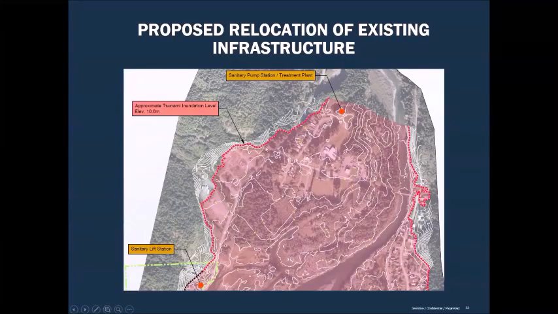So we have provided this kind of map. We say, okay, this is the tsunami boundary. And we have another map, which is based on the wind wave inundation. So we have provided two maps: one for the tsunami and another for wind-generated wave inundation to the communities.